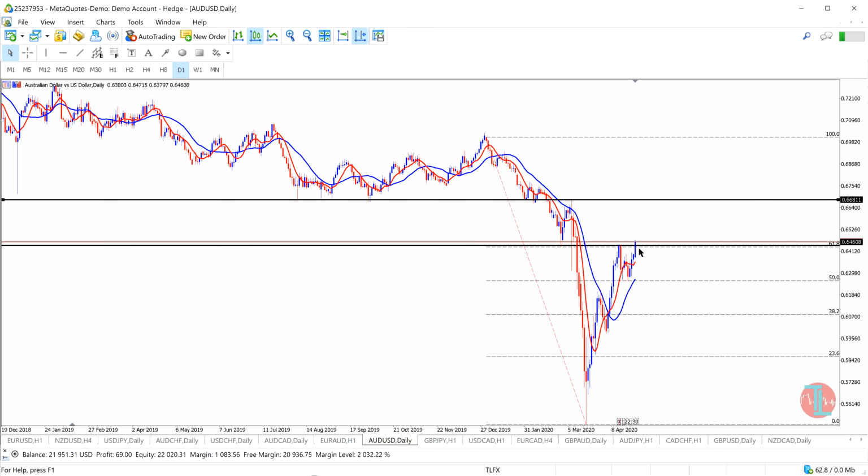This resistance is being broken above. And this is where the 618 tapped in reverse. The 618 from this move, from this high to this low, create this fib, and the fib shows that we are now breaking above the 618. So we may actually find ourselves wanting to push above.